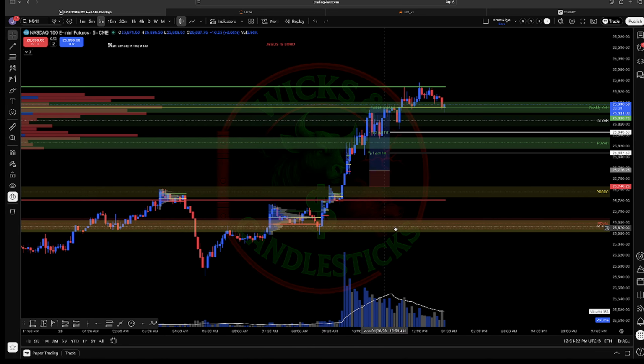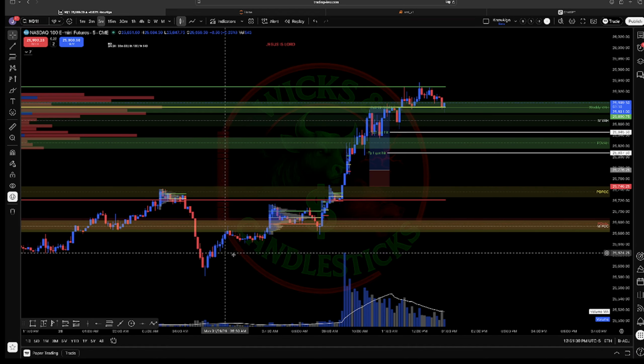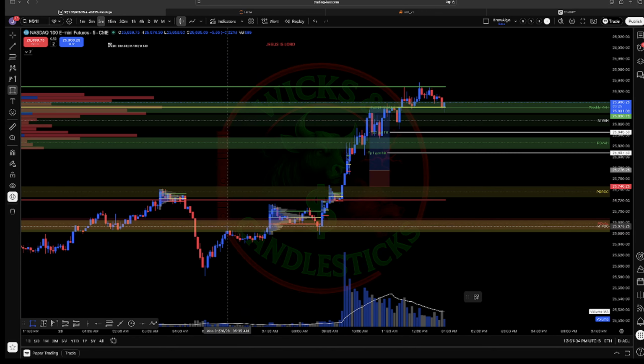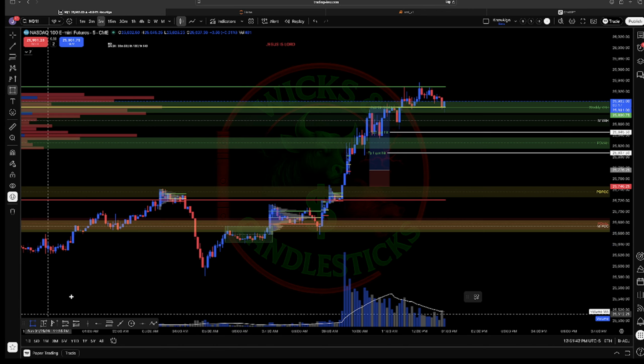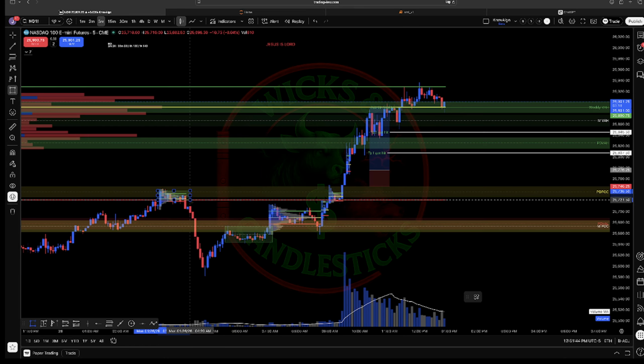So this morning I saw how price had a reaction from this balance zone here. If I was to mark this here, this is on the 5 minute. Balance market there. You look here, balance market here.